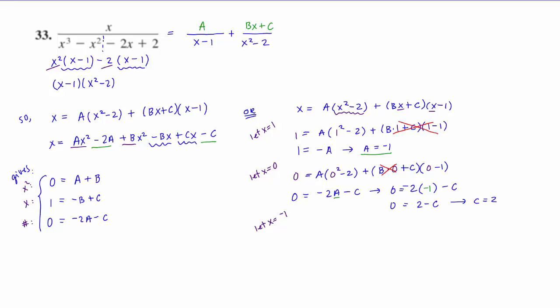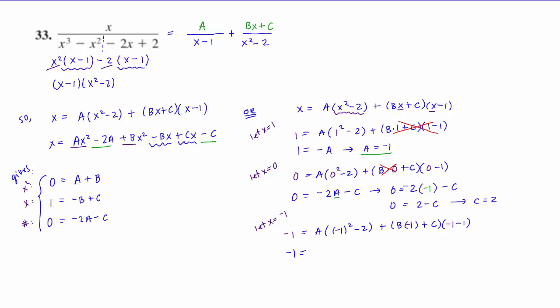All those substitutions say the left-hand side negative 1 equals a times negative 1 all squared minus 2 plus b times negative 1 plus c times negative 1 minus 1.